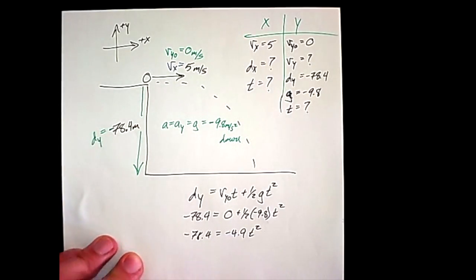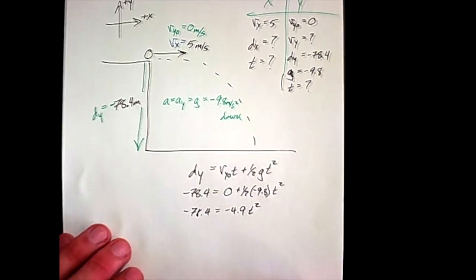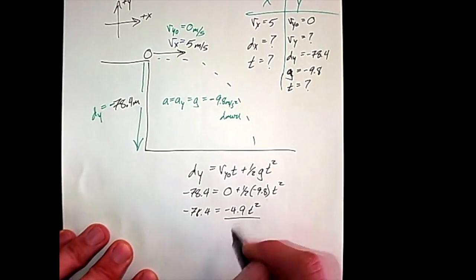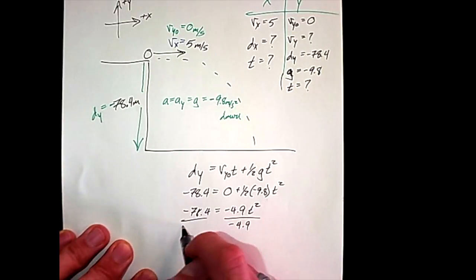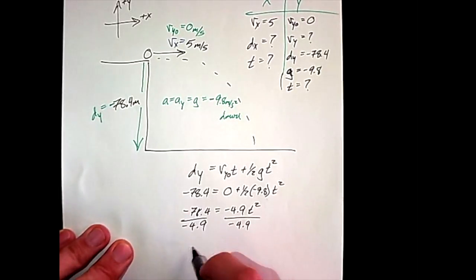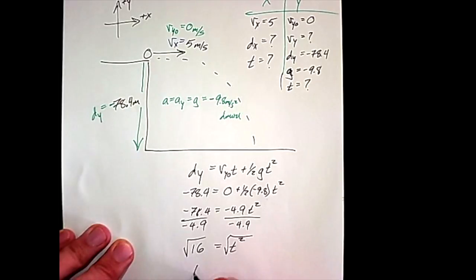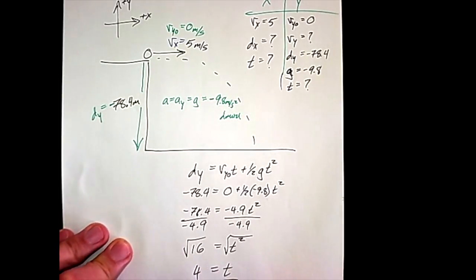Half of 9.8. 0 times t is 0. I then divide by negative 4.9. The book has chosen this number beautifully because this comes out to be exactly 16. Many of you made the mistake on the quiz. t squared equals 16. You do not divide by 2. You take the square root, and 4 is t. The time it takes is 4 seconds.